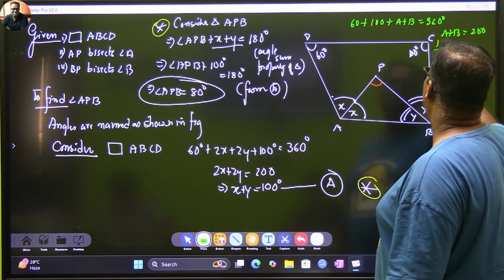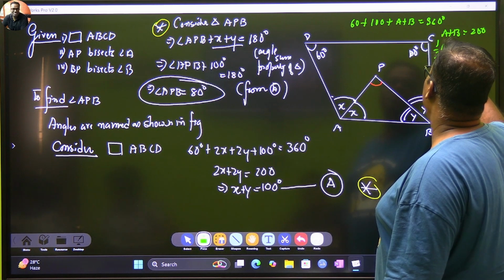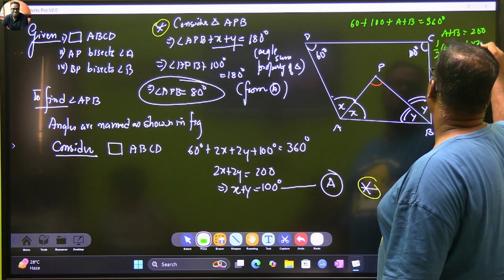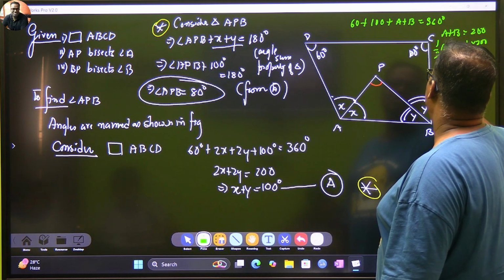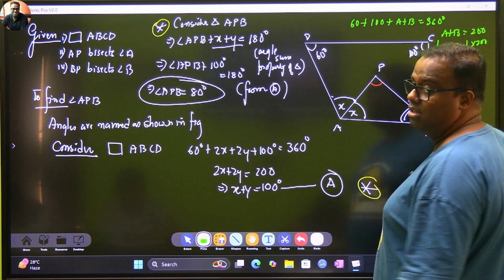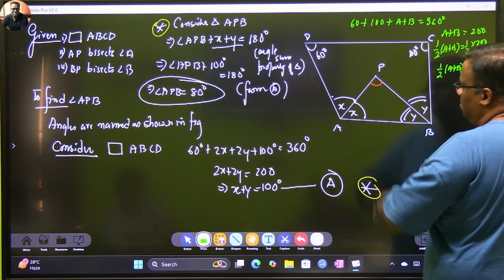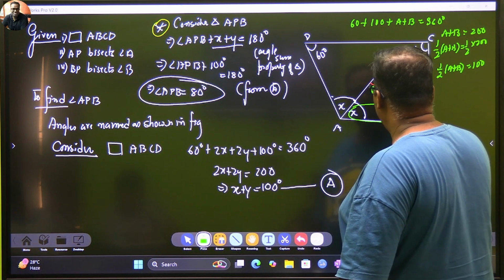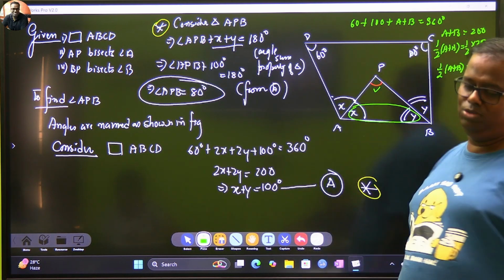So half of A plus B, if you divide this side by 2, don't you divide this side by 2 also? Moronic question. So half of A plus B is how much? 100. Half of A plus B means what? X plus Y plus this. So 100 plus this 180. Either way you do, you'll get the same answer.